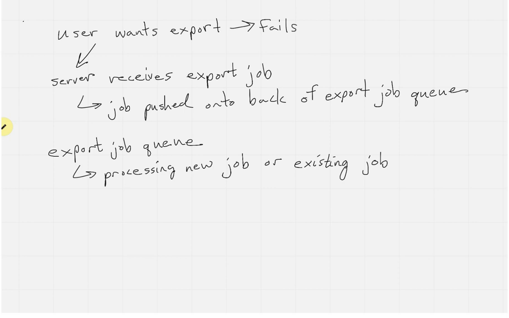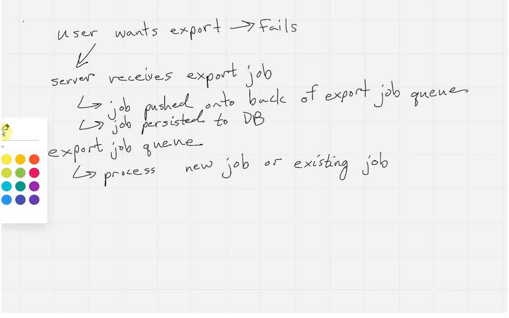So when the server receives an export job, it's pushed onto the back of the export queue, and another part would be the job persisted to the database. So the export job queue will either process a new job or an existing job.